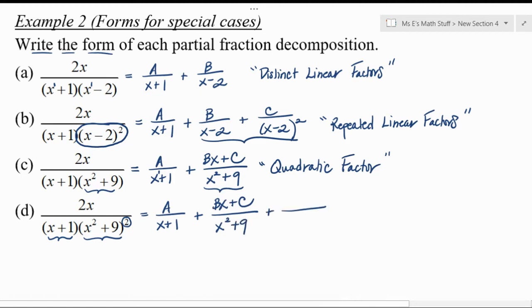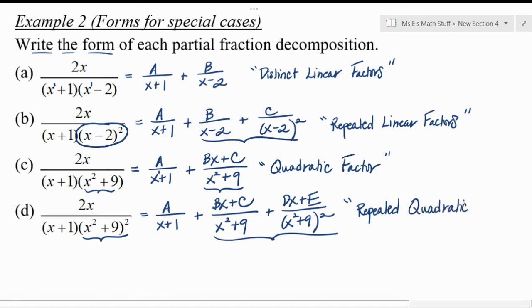And then, since it was a repeated quadratic, you'd need to have x squared plus 9 quantity squared as a denominator, and then you'd have a generic linear on top of that. So this one, just to be clear, the part I was focusing on form-wise is what to do if you have a repeated quadratic factor.